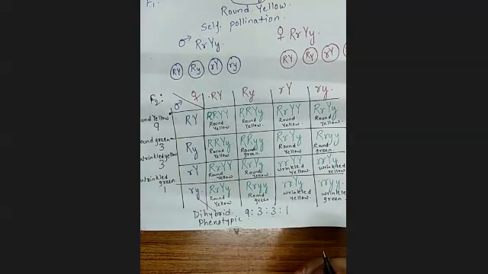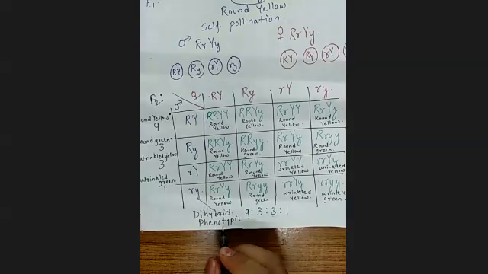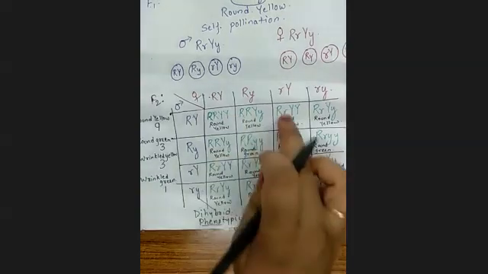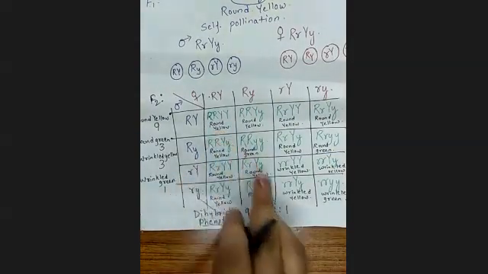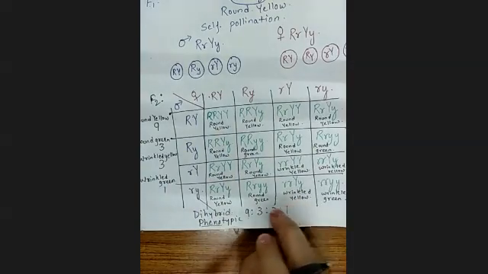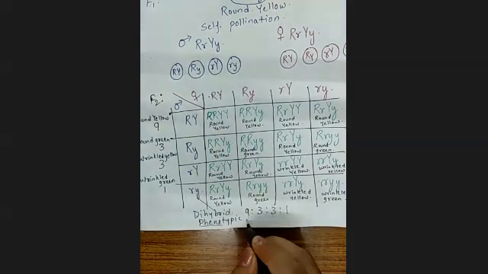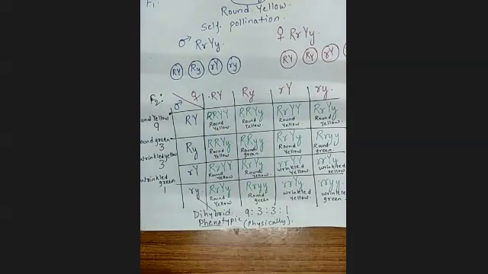Have you understood this? Ma'am, what is the meaning of phenotypic? Phenotypic means physical. He can see round yellow, wrinkled yellow and round green plants. That is what he can calculate physically. Understood?